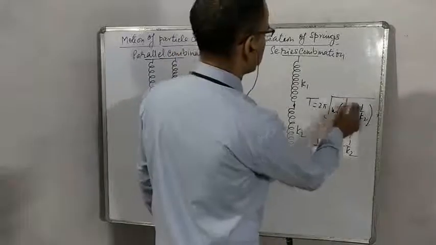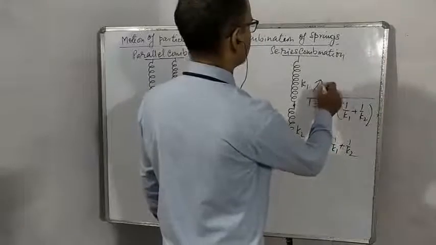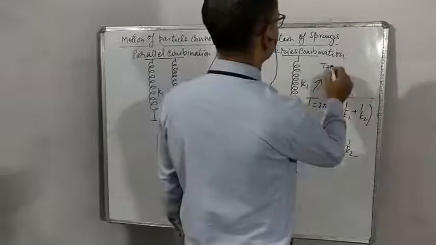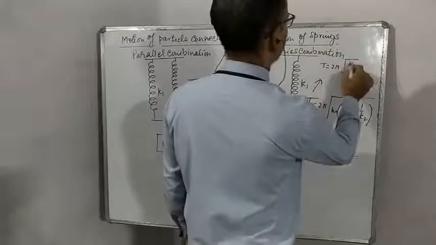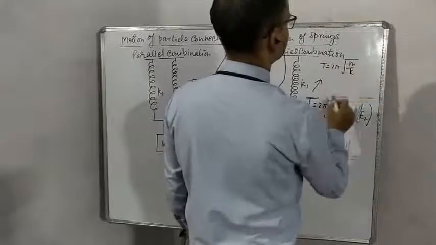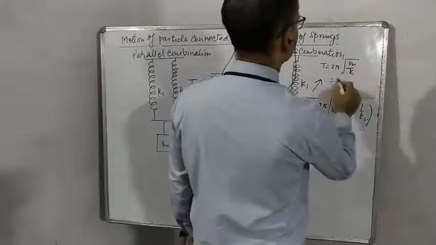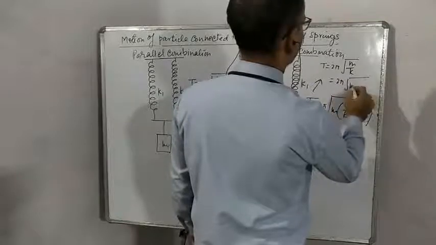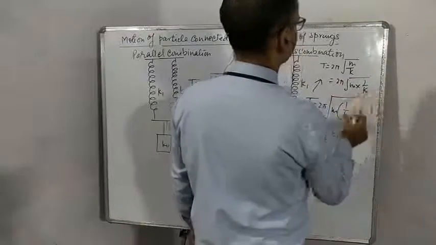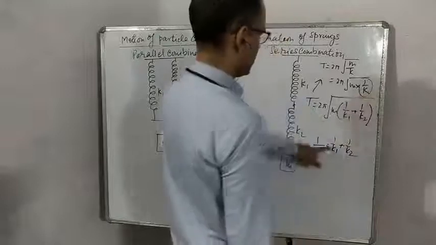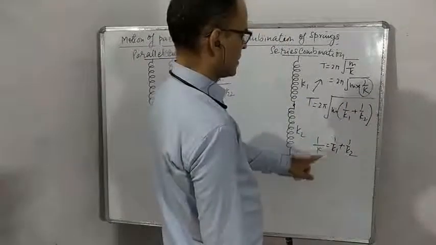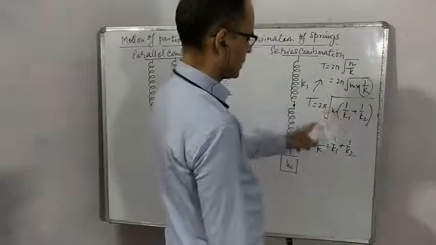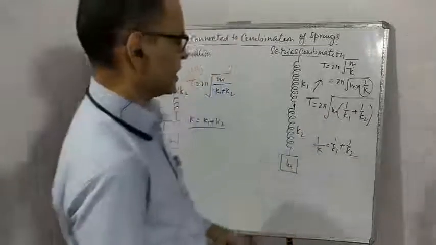So the time period is given by this. Let me elaborate. T is equal to 2 pi under root m by k, that is 2 pi under root m into 1 by k, and the value of 1 by k is this much. So by putting this value, you get this equation of time period.